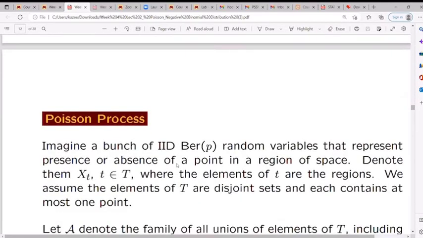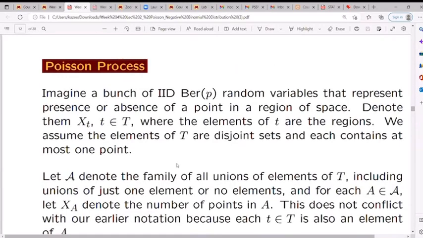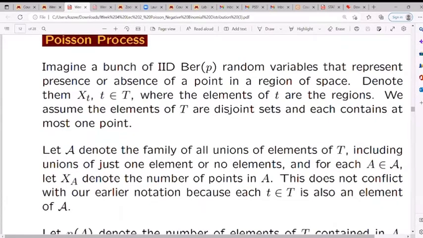Now I think you've been able to see that. And of course, the discussion here is just to tell you that the Poisson process actually follows from a Bernoulli random variable.